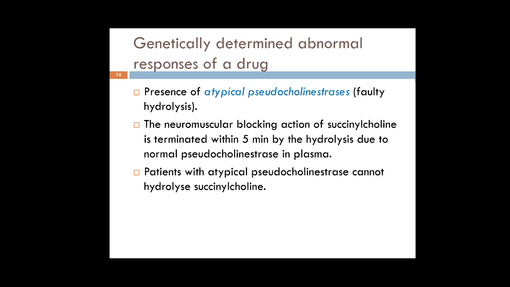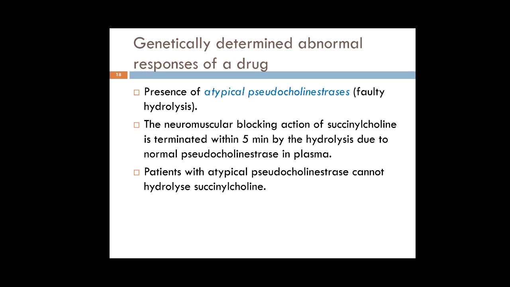Now the next reaction is a genetically determined abnormal response to a drug, which is also called idiosyncrasy. Okay. So the example given here is a reaction occurring because of the presence of atypical pseudocholinesterases. Now, acetylcholine is a normal neurotransmitter present in the parasympathetic nerve endings. This is metabolized with the help of cholinesterases.